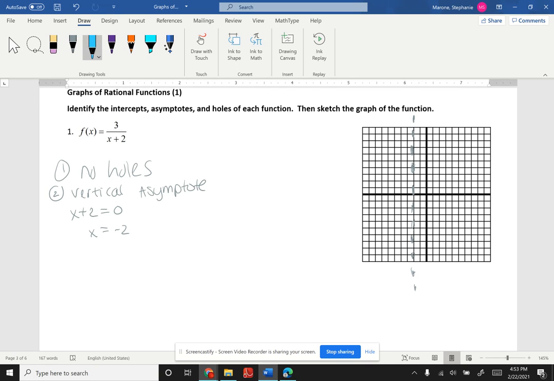The third step I'm going to do is find the horizontal asymptote, or the slant asymptote. For the horizontal or the slant asymptote, we are going to use the non-factored form. So I do want to note on that other paper, for the holes, we use the factored form.